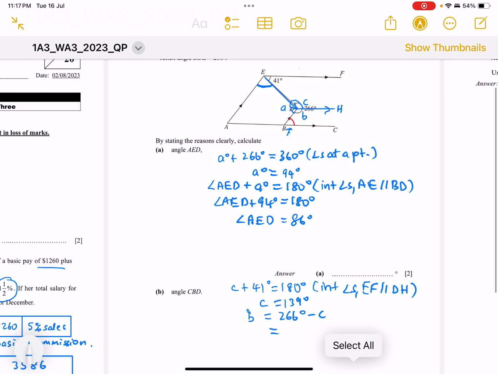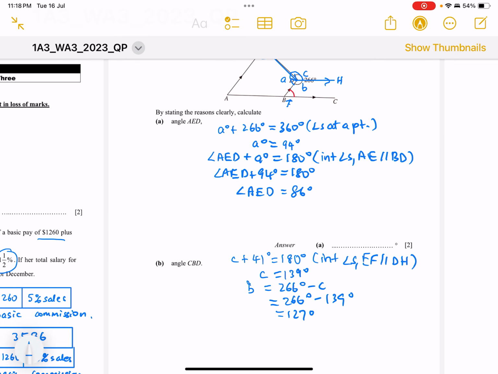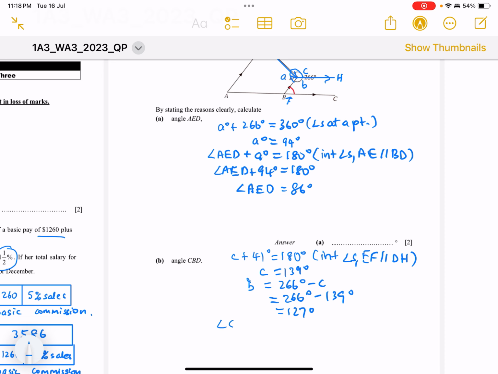And this is 266. C is 139. So 266 minus 139 gives us 127. Okay, so now we are ready to find angle CBD. Because angle CBD plus B is 180, interior angles again.